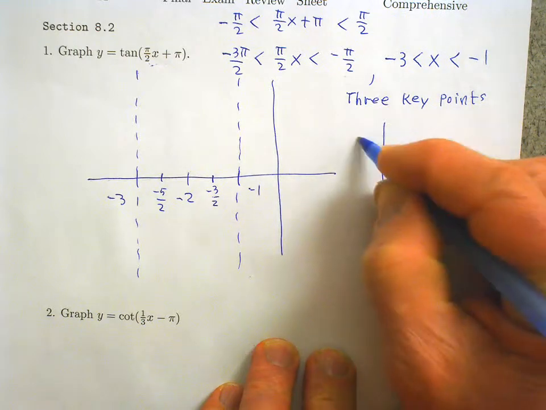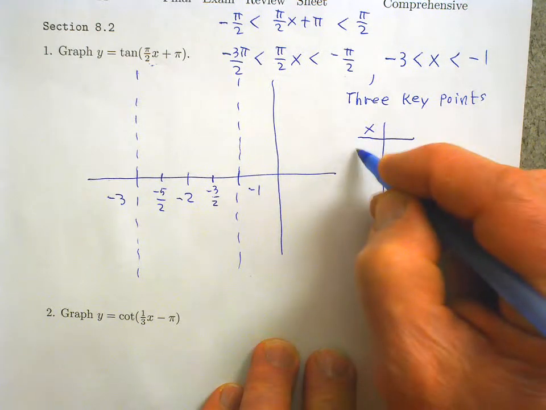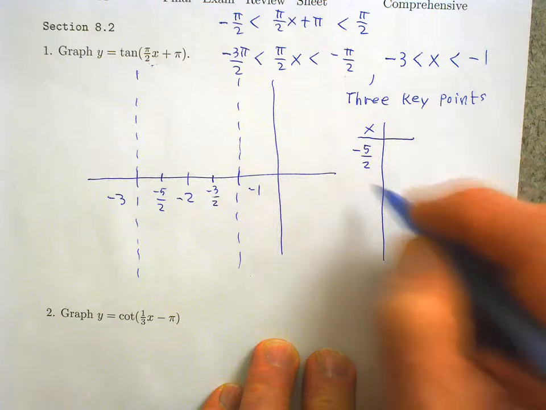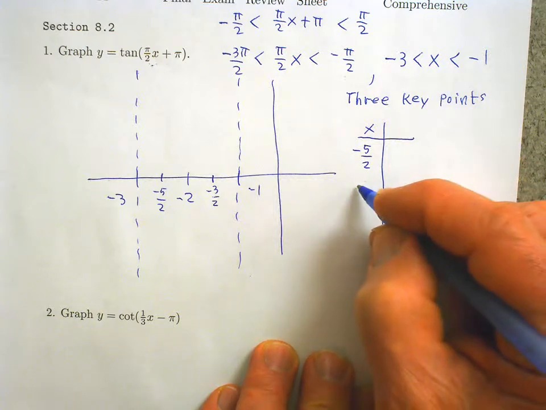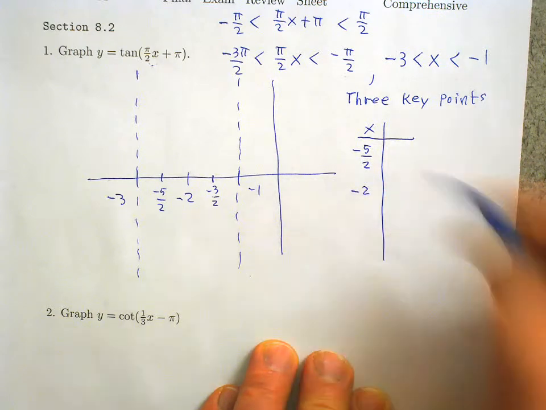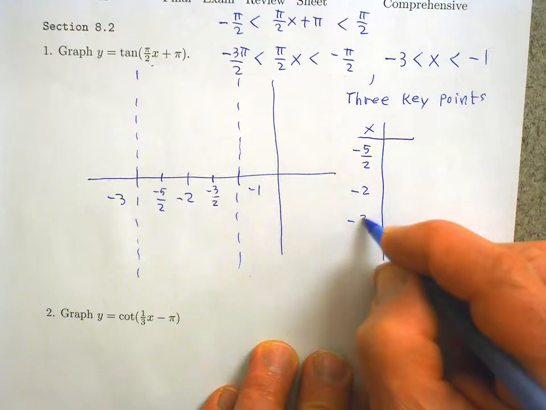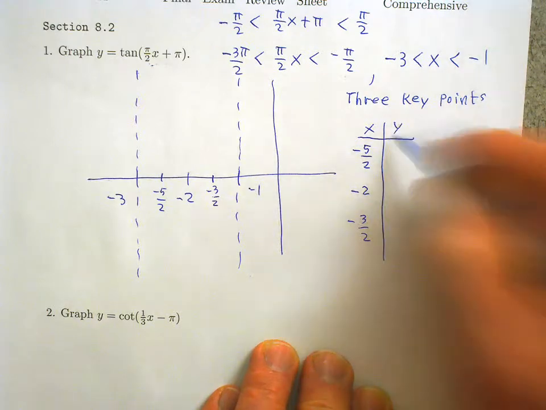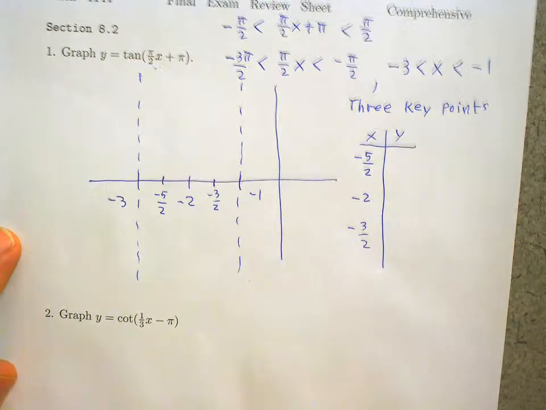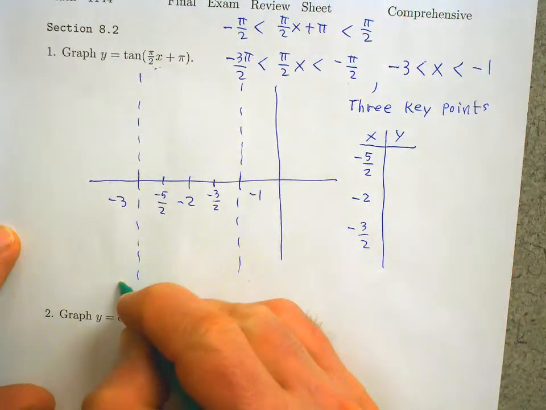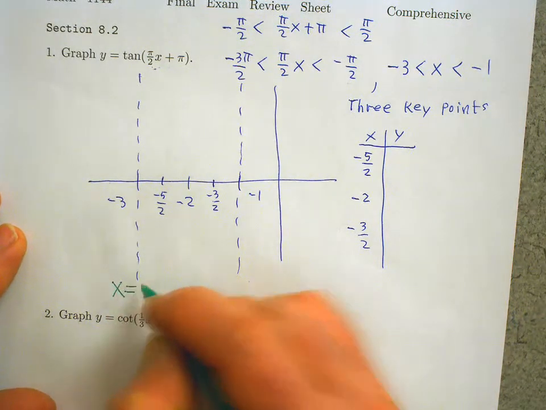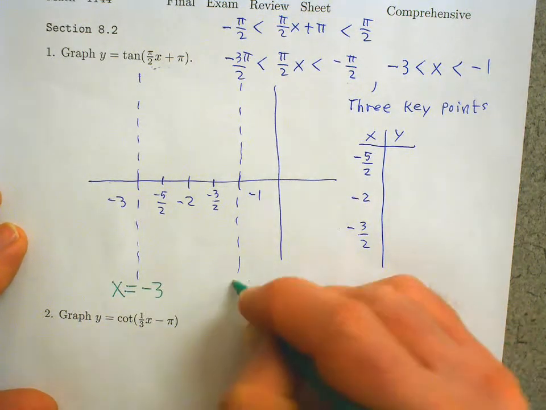Okay, so we'll find the 3 key points using x values negative 5 over 2, negative 2, and negative 3 over 2. And then label the vertical asymptotes, x equals negative 3, x equals negative 1.